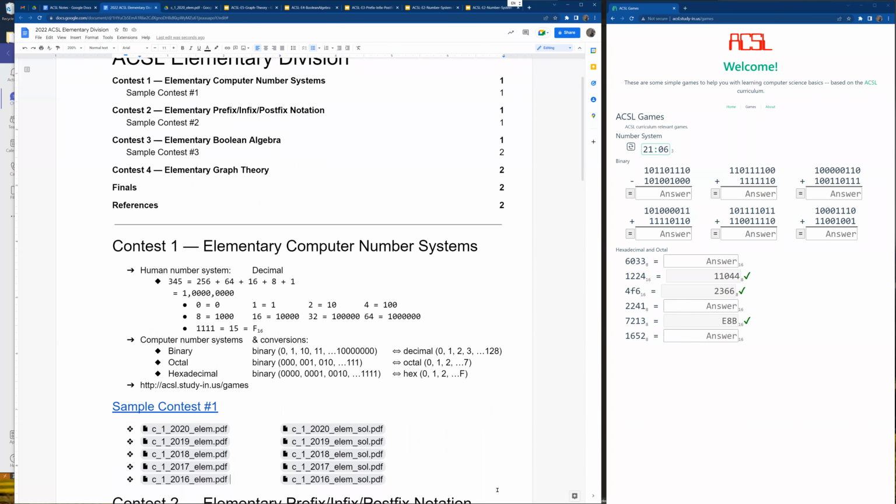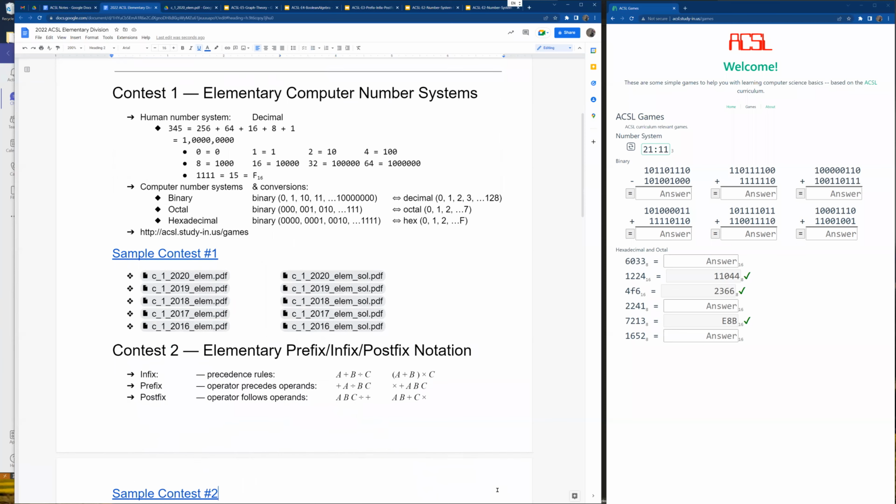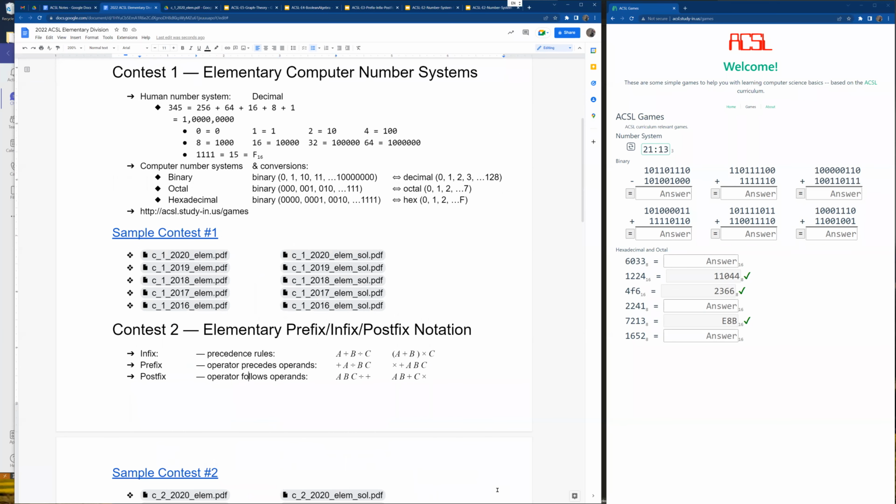And then the second topic is the prefix, infix, and postfix notation of math expressions. We're now at postfix, so you're going to have operands followed by the operator.